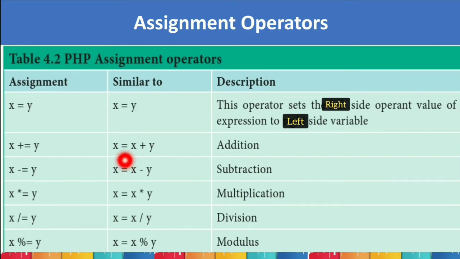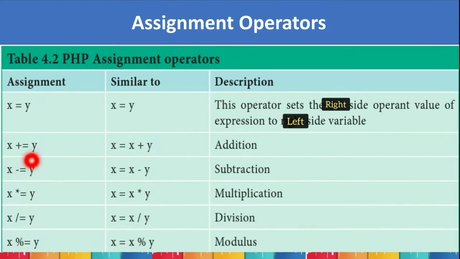This operator sets the right hand side operand's value to the left hand side variable. Do remember, on the left hand side we should have one single variable, and on the right hand side you can have an expression like addition, subtraction, multiplication, division. Any calculation you can assign.